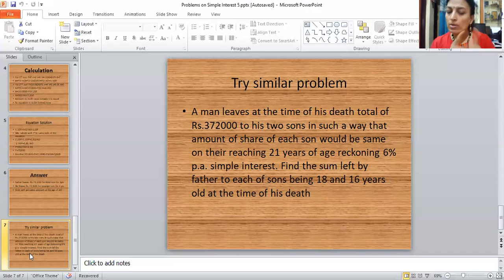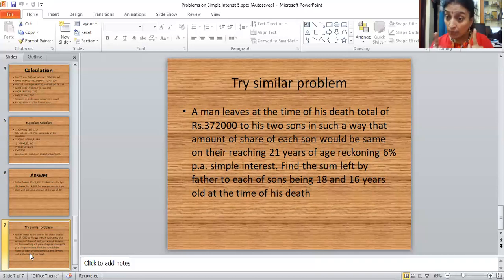Here the problem says a man leaves at the time of his death the total rupees 3,72,000 to his two sons, in such a way that the amount of share of each son would be same on their reaching 21 years of age, reckoning 6% per annum simple interest.